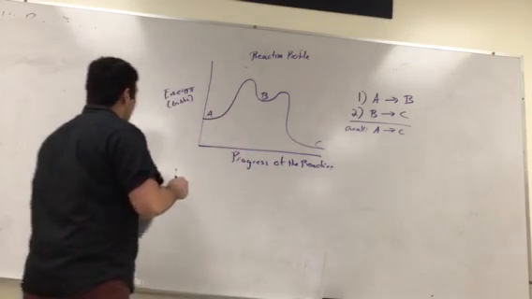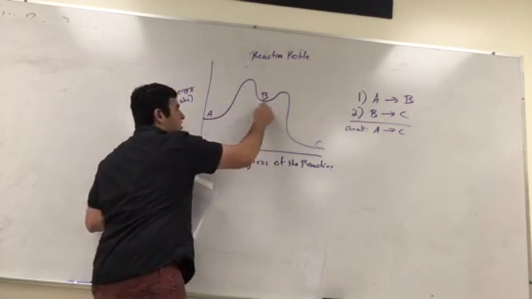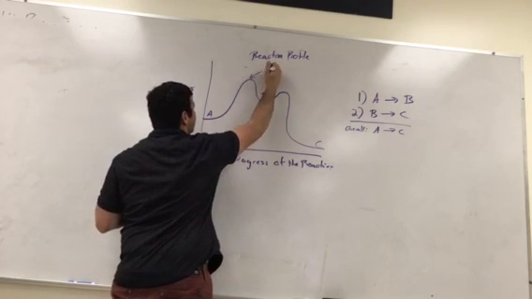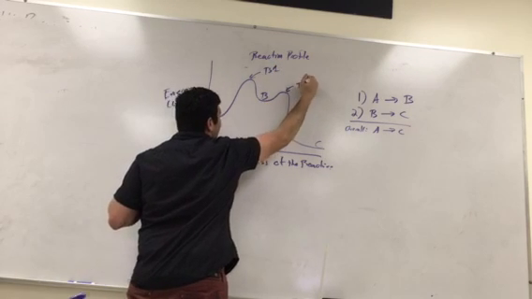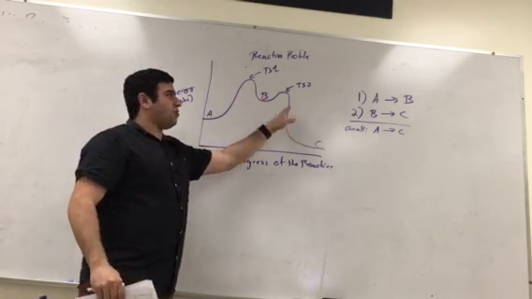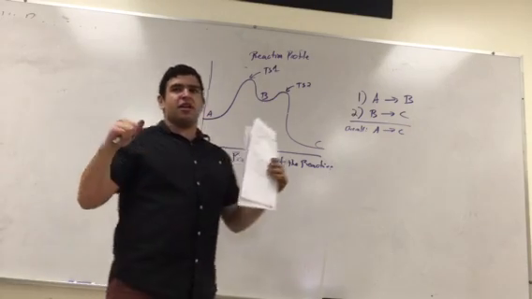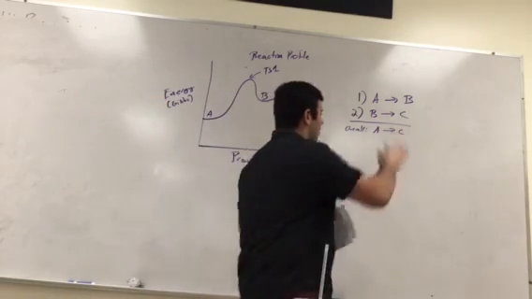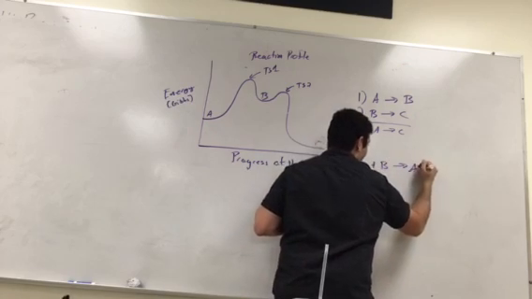So that's an intermediate. B is in the middle, so that's an intermediate. These little peaks, what happens here, is called the transition state. So I'm just going to say TS1 and TS2, transition state 1 and transition state 2. The transition state is, for example, if I had A plus B yields AB, right?